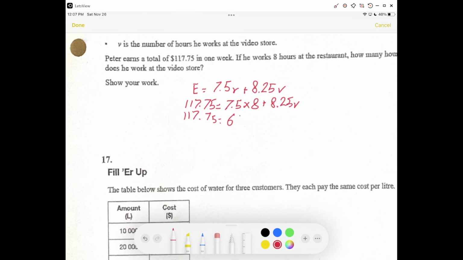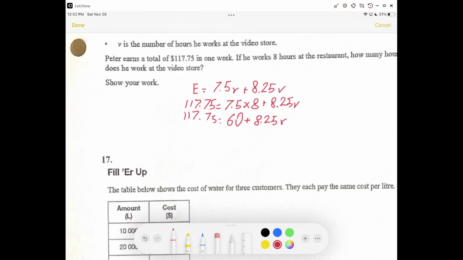So it's 60 plus 8.25V. Alright, sorry, let me rewrite that V. Okay, so let's erase that.